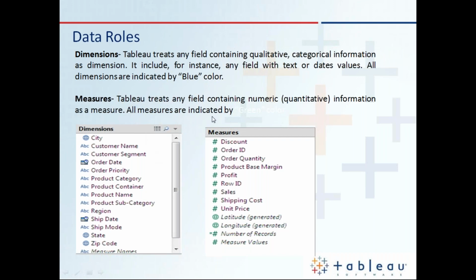All measures are indicated by a hash symbol. So these are the measures: discount, profit, sales, unit price, number of customers, number of products. These all come as measures.